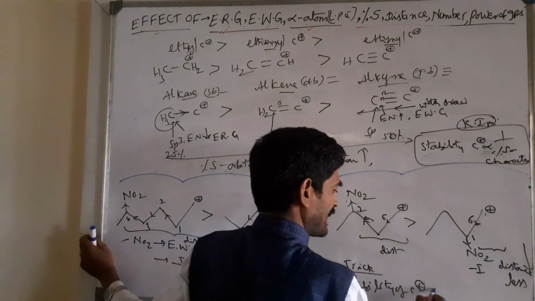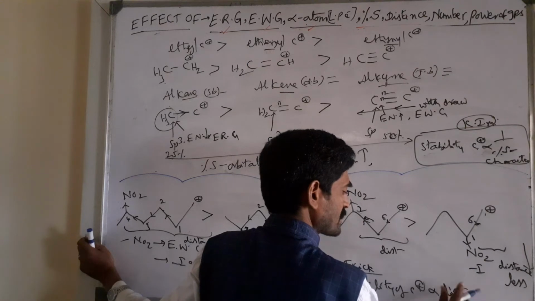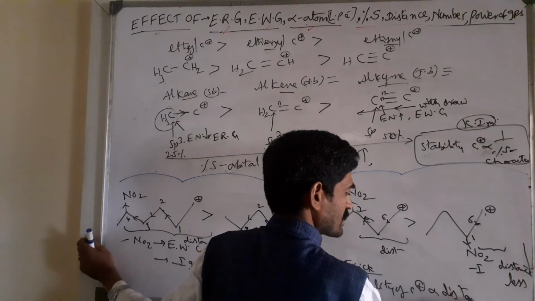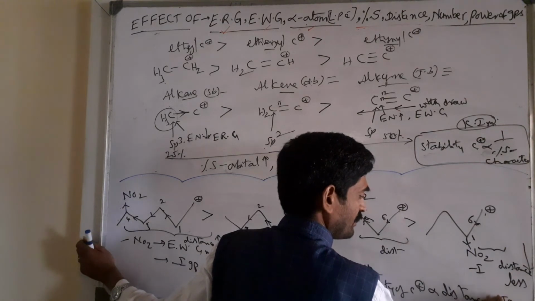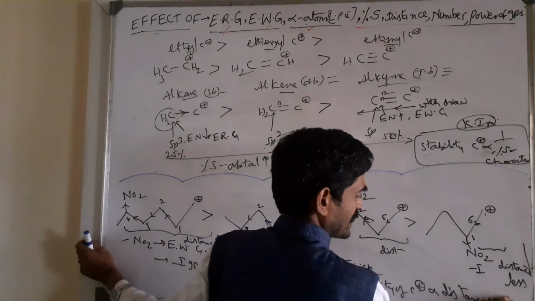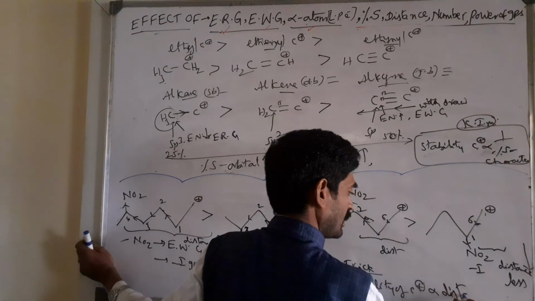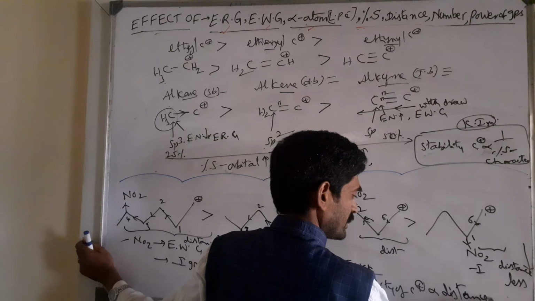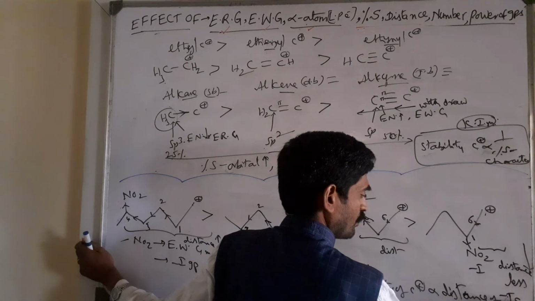That is, it is directly proportional to the distance of the electron withdrawing group, the distance of the minus I group.